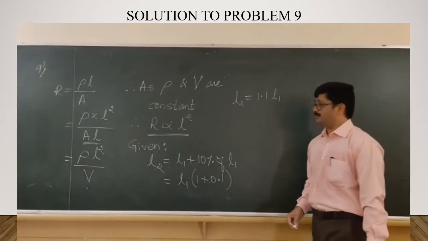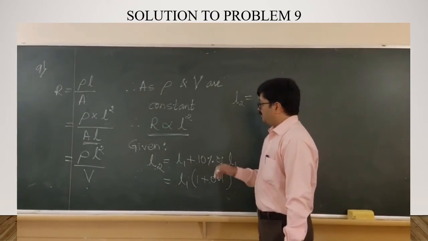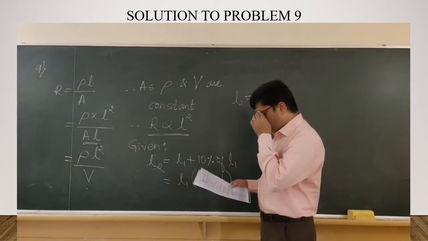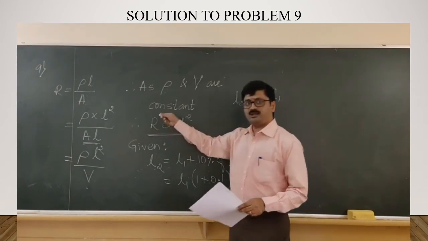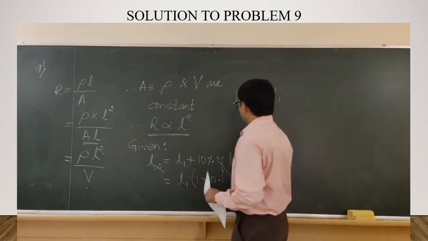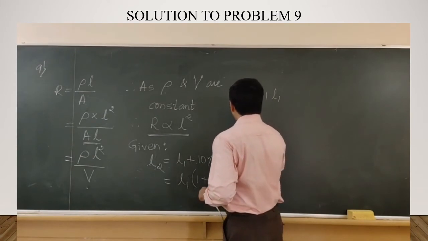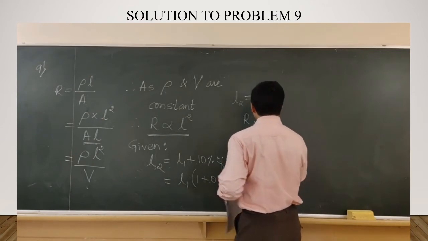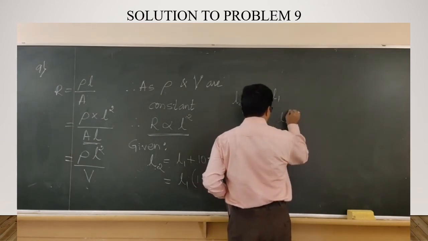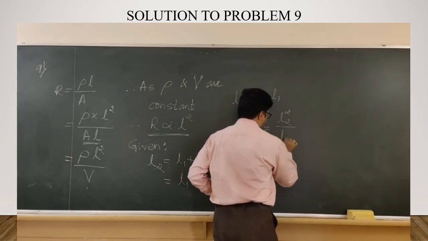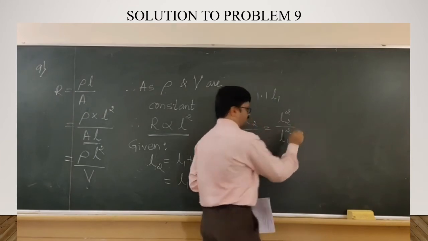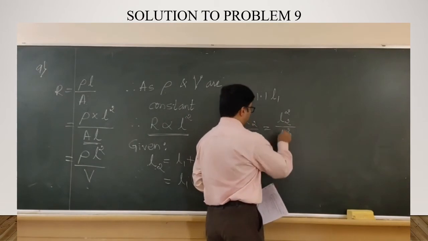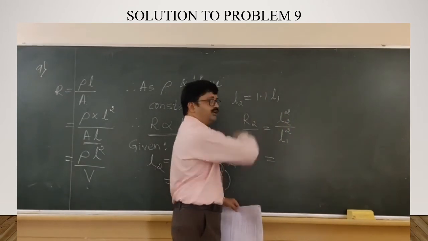Now that we have taken 1.1 times of L1, let's put the proportionality. So here R2 divided by R1 is equal to L2 square by L1 square. Are we okay with this? What is L2? L2 is 1.1 times of L1.